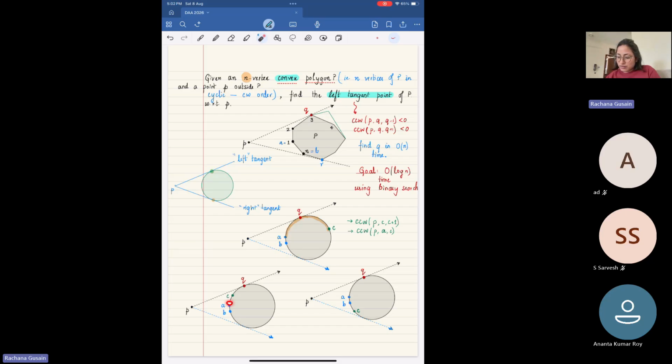No, A to C cannot contain Q. So C is on the inner side, and A to C cannot contain the point Q. It must be between C and B, the B to C region only.